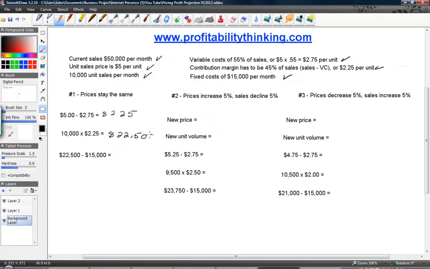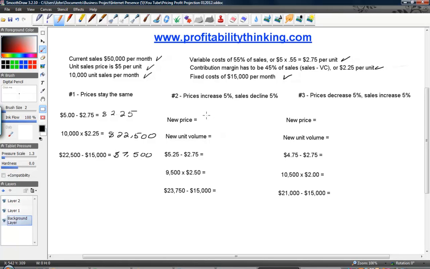And $22,500 contribution margin for the month minus $15,000 monthly fixed costs equals $7,500 in profit. So that's example 1. Let's go to example 2, where prices increase 5% and sales decline 5%.